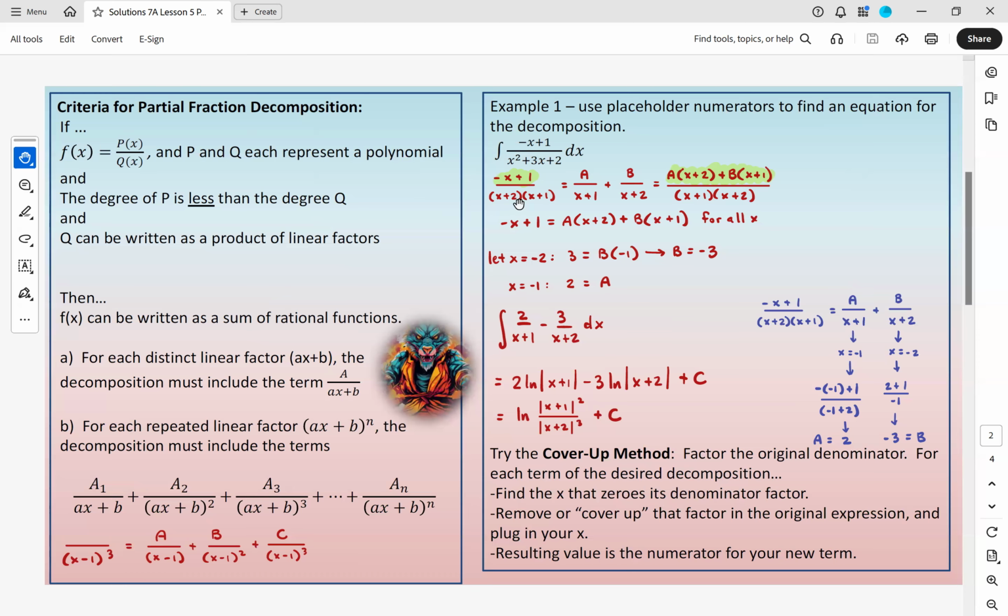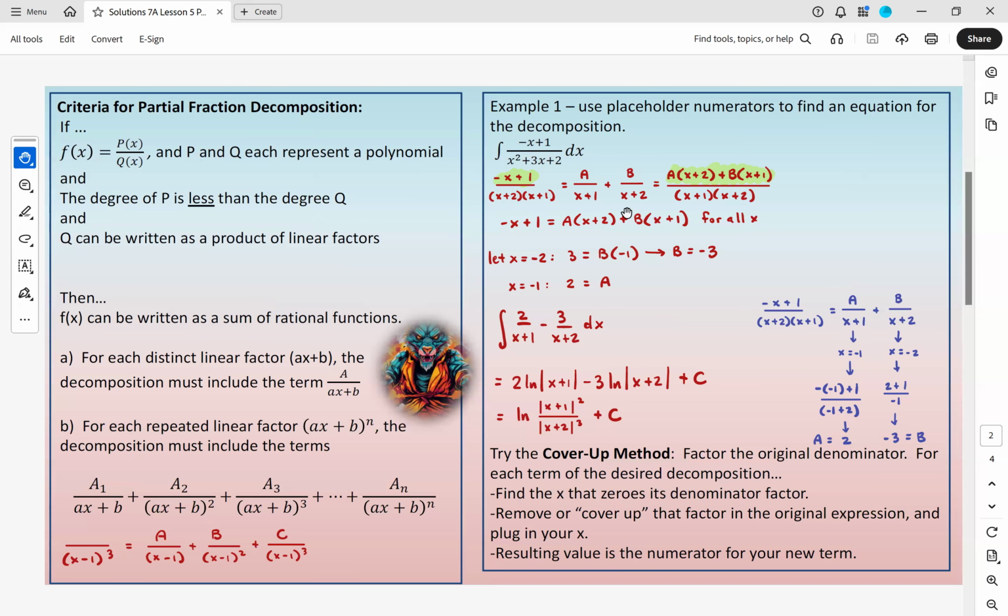Because of the pre-work we saw on the last couple panels, we know that this particular expression can be broken down into something, I'll call it A, over one of my factors, x plus 1, plus some other value over x plus 2, which was the other factor of the denominator. So we're going to break this thing apart. I just don't know yet what the numerators are going to look like.